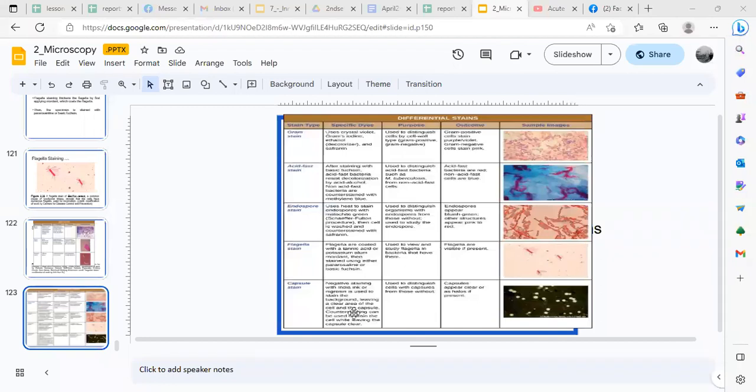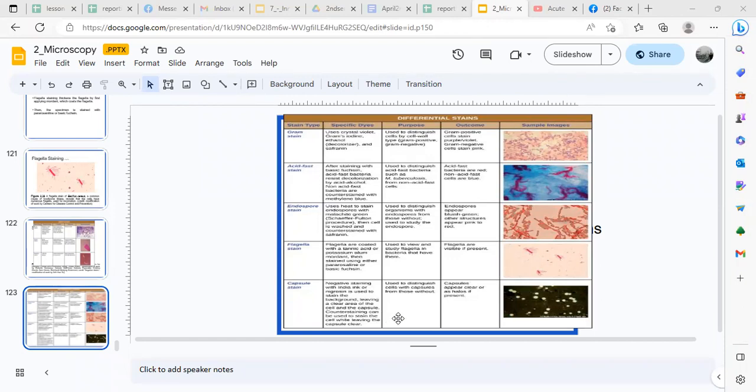And then the last one is the capsule. So you want a halo. The capsule doesn't absorb, so you have a halo surrounding the organism. So you use negative staining with nigrosin or India ink. So you have the halo because the capsule will not absorb.